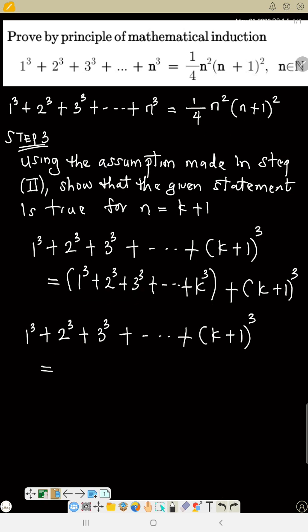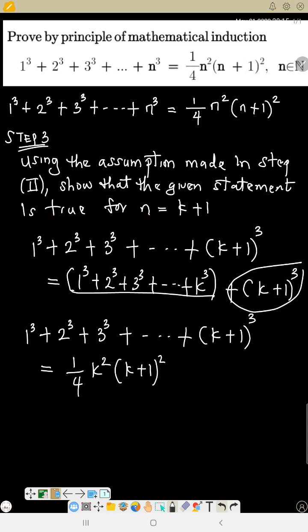So that will be 1 over 4 k square, k plus 1 square, that is for all this. Then I have plus this next, plus k plus 1, everything raised to power 3.